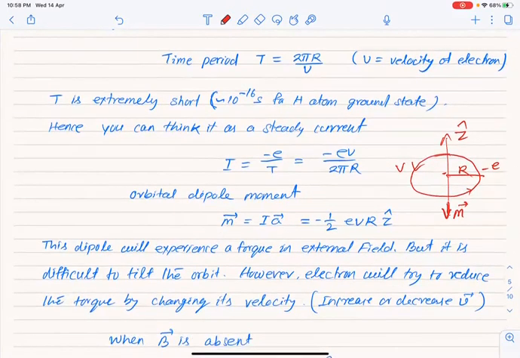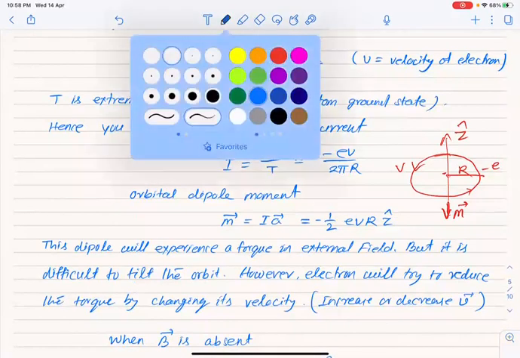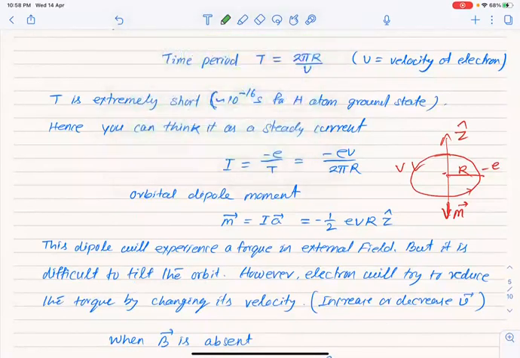Now that you have a dipole, if you put this in a magnetic field, again for simplicity, we can imagine the magnetic field along the z direction. So now imagine we have a magnetic field like that.